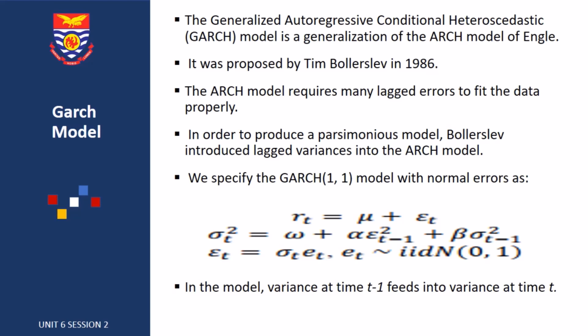The GARCH model, as we earlier said, was developed by Bollerslev, who was a doctoral student of Robert F. Engle. He sought to improve on the ARCH model, which was developed by his supervisor, based on the shortfalls of the ARCH model in forecasting volatility in asset prices.